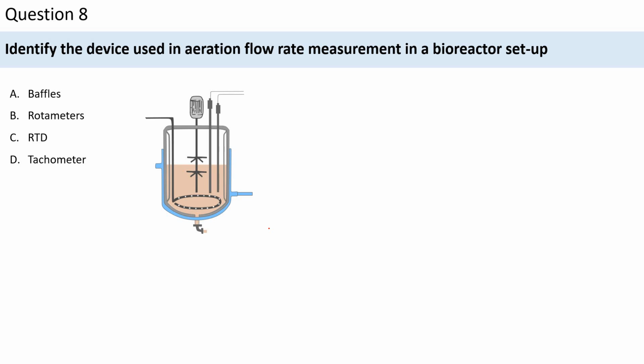That shouldn't happen in a bioreactor, because the cells will get stuck in the whirlpool, which is not good for bioreactor conditions. That is why baffles are kept as a hindrance in the bioreactor, so that the whirlpool will not happen. Whirlpool is nothing but vortexing.